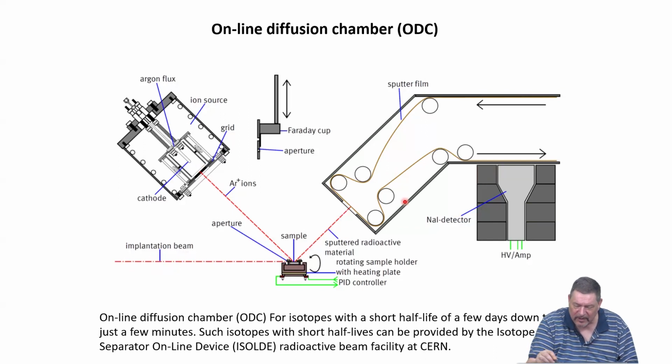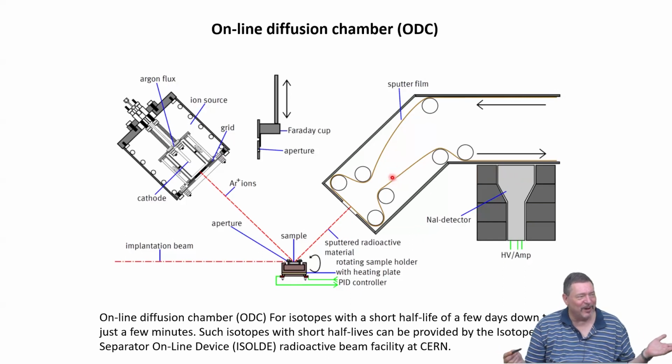You have the sputter film automatically moving forward and going across a detector, so that you get online diffusion profiling, because everything has to be done quickly, because the atoms that are already on the film sputtered off still decay with the same rate, right? So everything must be done in a hurry to beat the half-life of your isotope.